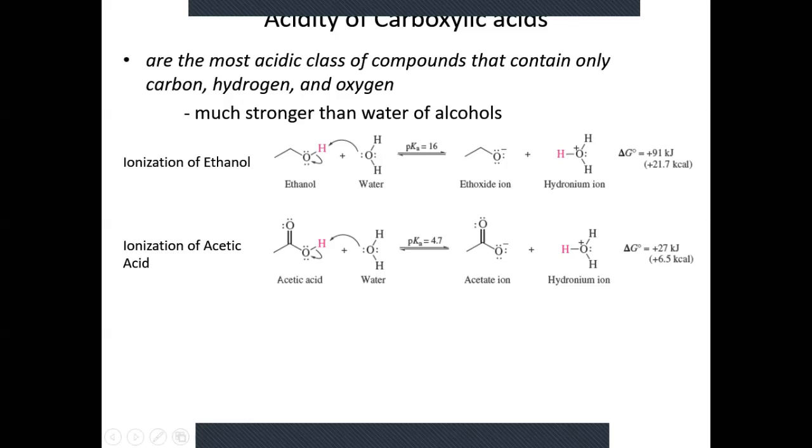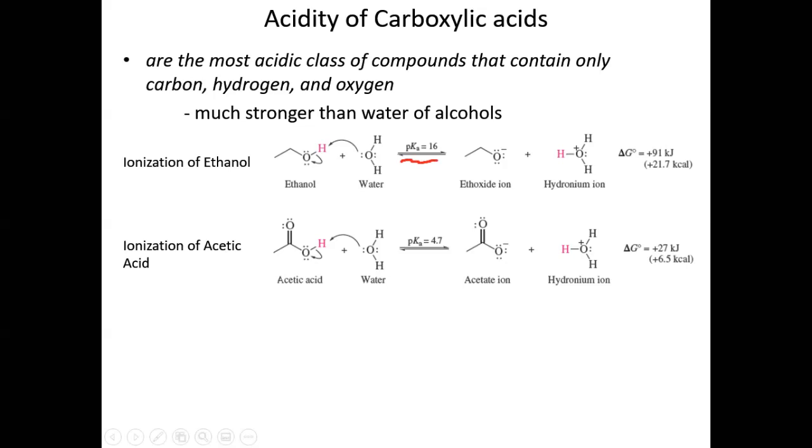First off, if we just look at the pKa, which is the strength of an acid, the lower the pKa, the stronger the acid. The pKa of ethanol is 16, which means it's very unlikely to give up its hydrogen.